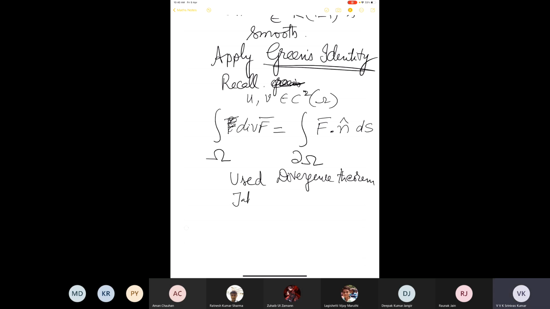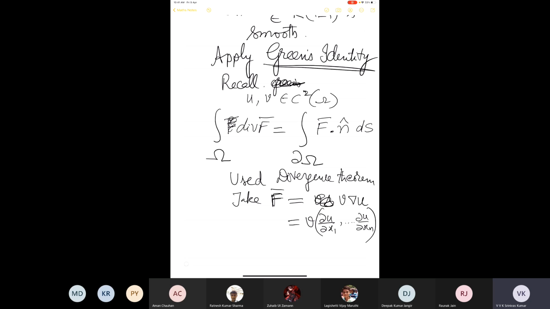So take f bar as v grad u. This is a vector, where grad u is del u upon del x1, and so on. What is the divergence of this?